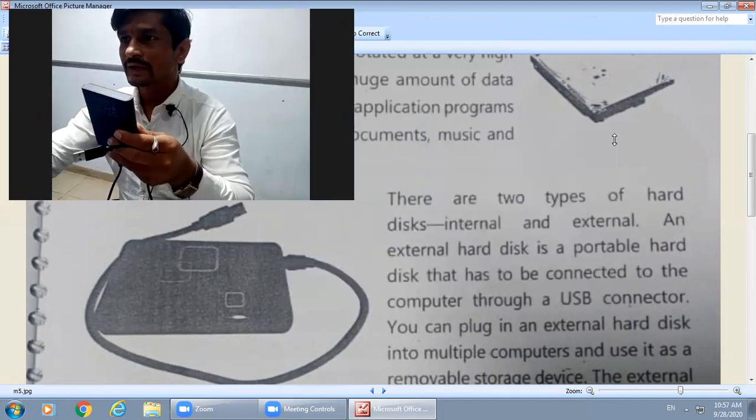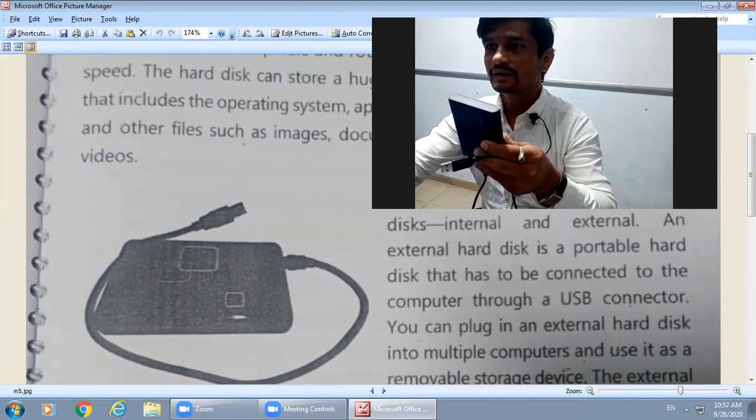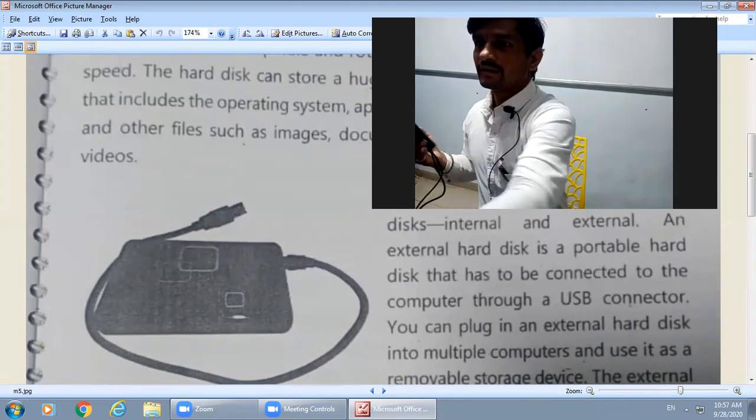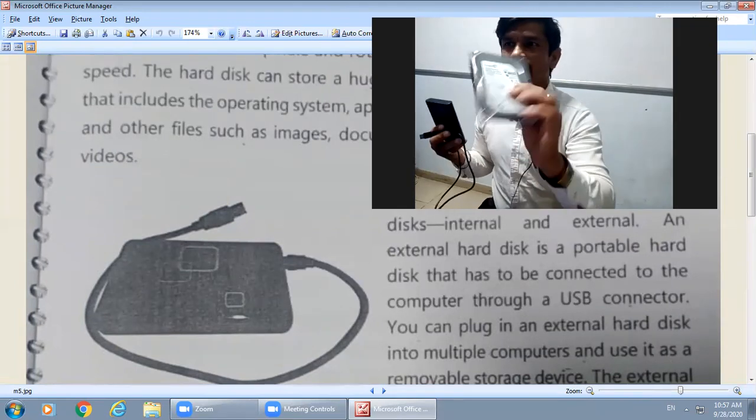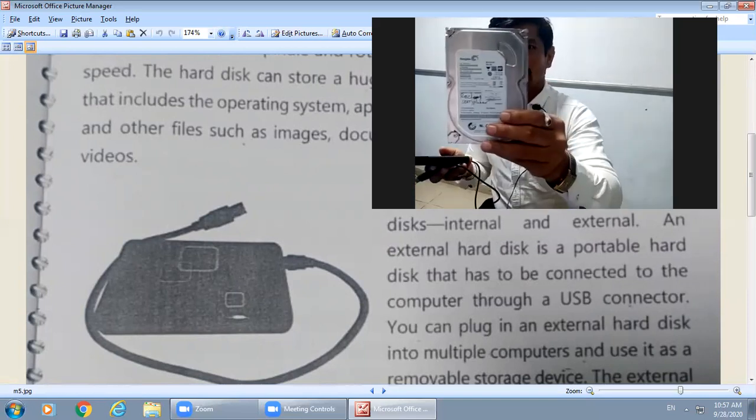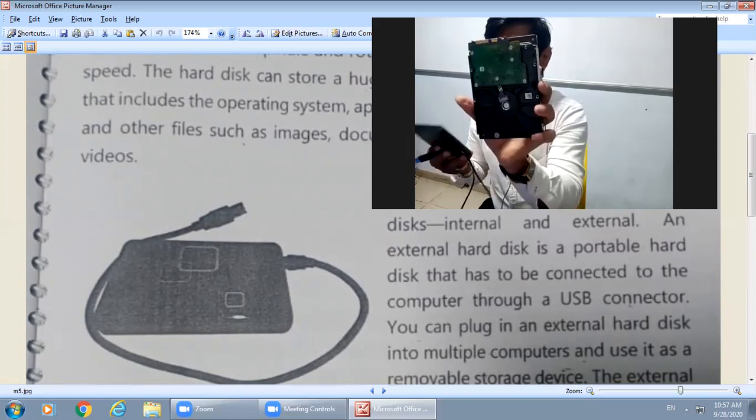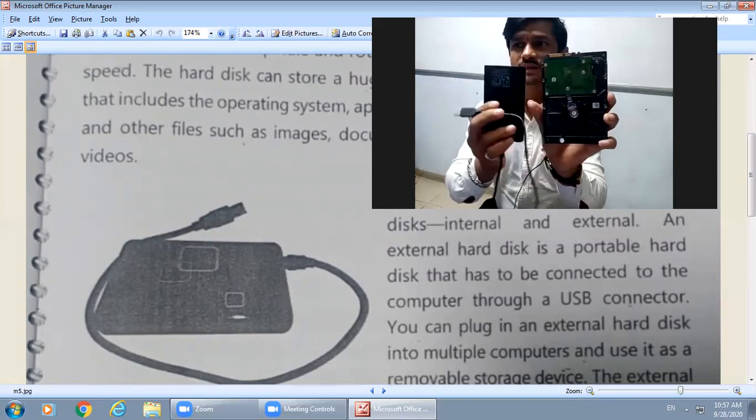There are two types of hard disks, internal and external. This is the internal hard disk, and this is the external hard disk.